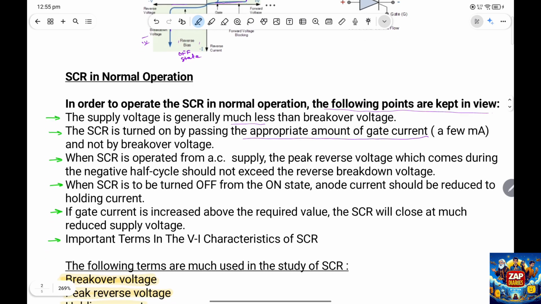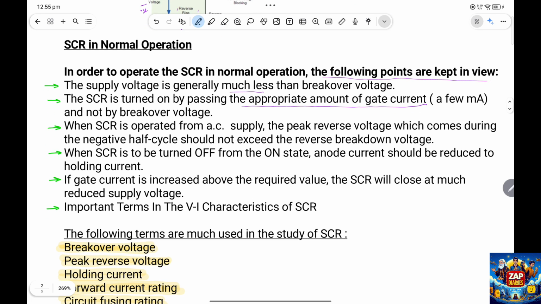Okay, so the way you turn on an SCR is by passing the appropriate amount of gate pulse or gate current it requires. When an SCR is operated from an AC supply, the peak reverse voltage which comes during the negative half cycle shouldn't exceed the reverse breakdown voltage.